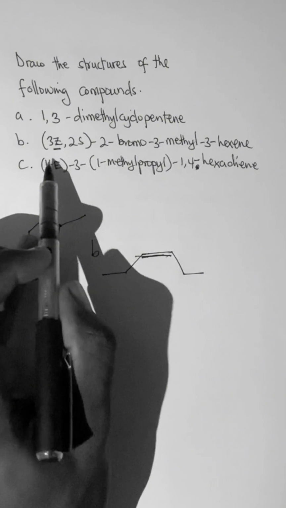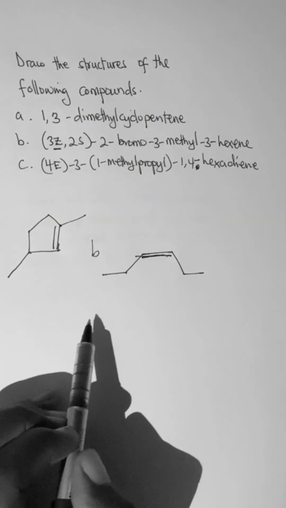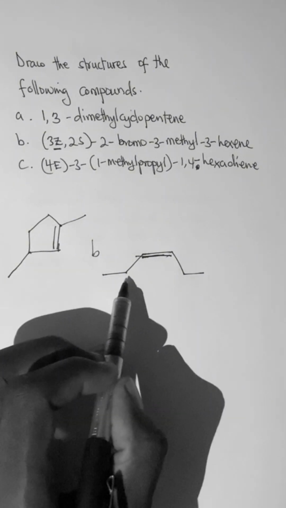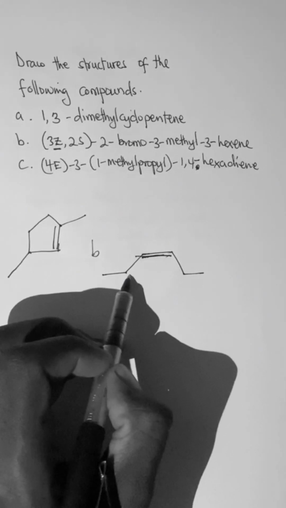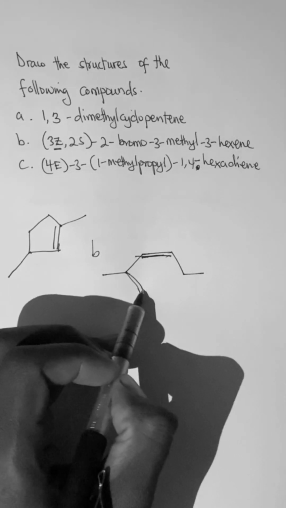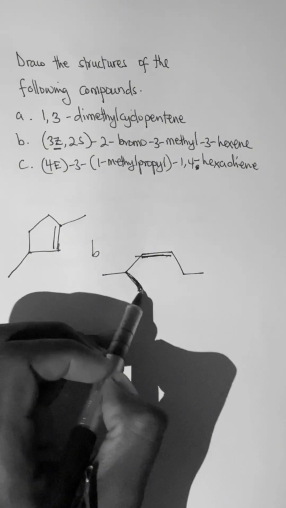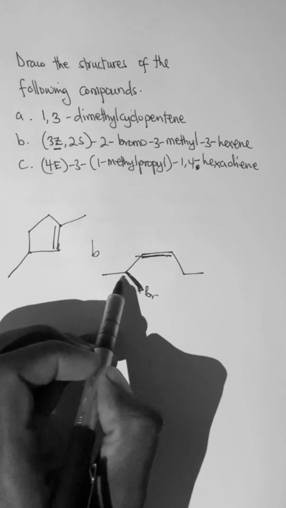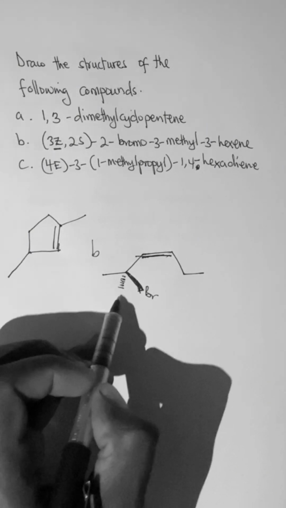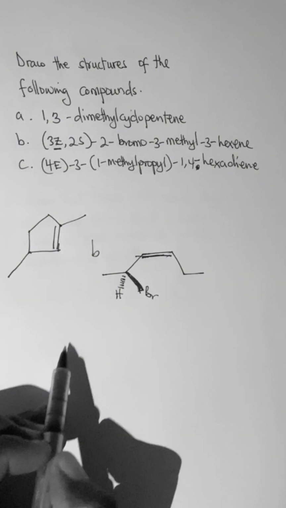And apart from that, there is a 2S, so we are supposed to ensure that the stereochemistry here is 2S. Let's put the bromine on the dash bond, and let's put the proton here on a wedge bond.